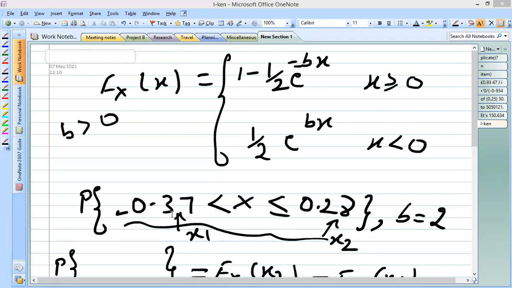And since x1 is negative, you have to substitute the value as 1 by 2 e to the power bx. So here in this step we have written fx of x2 as 1 minus 1 by 2 e to the power minus bx2 minus fx of x1 written as 1 by 2 e to the power bx1. So here x2 is 0.28, b is 2, and similarly x1 is minus 0.37 and b is 2.